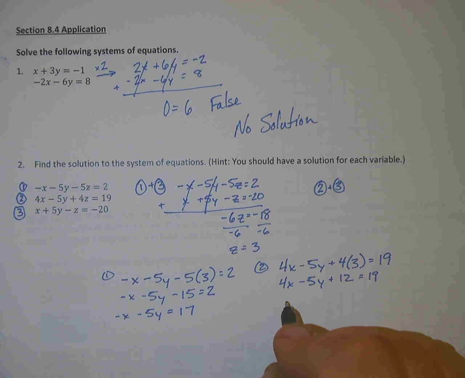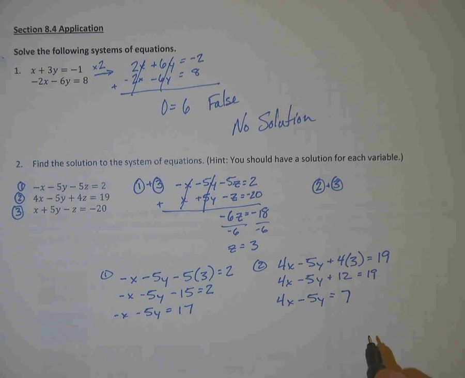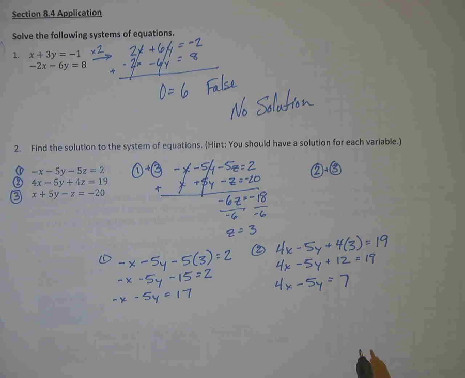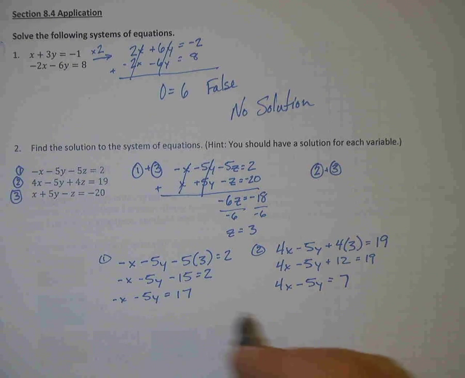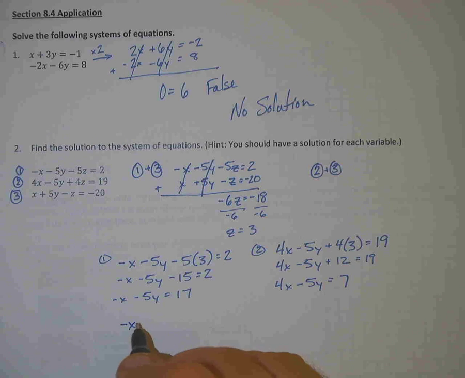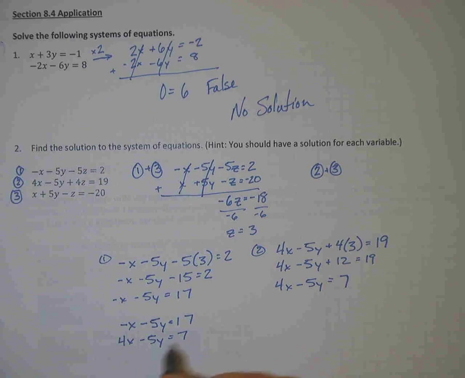When I move that 12 over, that'll be subtracting 12, and so I'm going to get 7 after the equal sign there. So now I have two equations with two unknowns right here, and I'm going to let you take over from here, and we have 4x minus 5y equals 7.